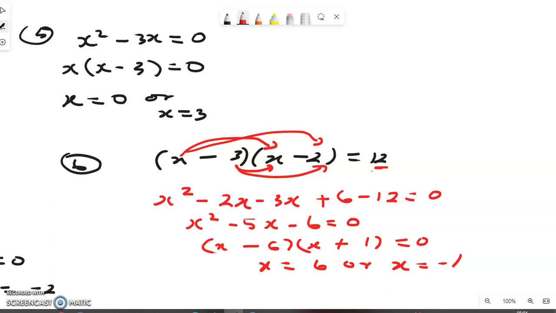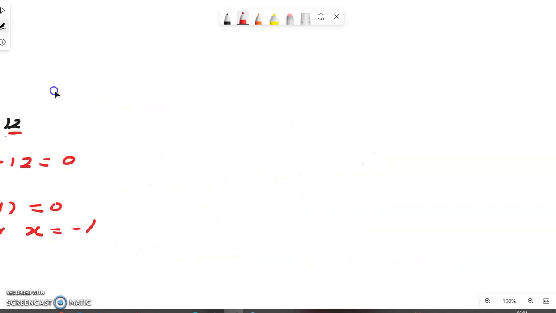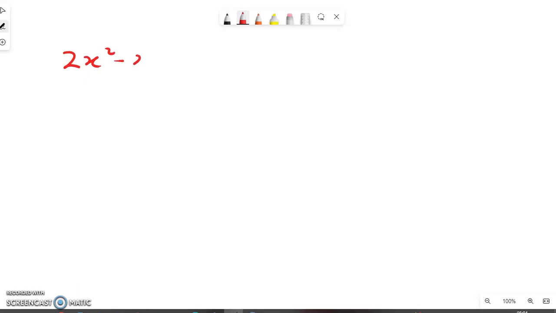Alright, let us go for example number 7. Let's see how else they can ask this. Example number 7: we are given 2x squared minus x is equals to 10.